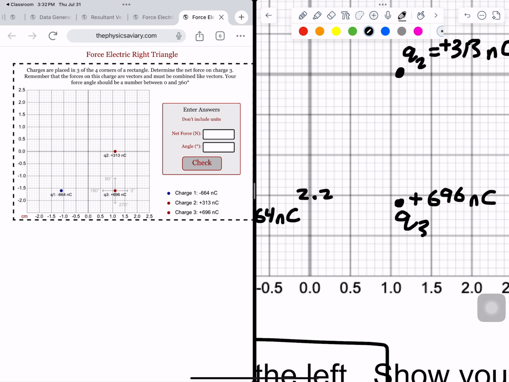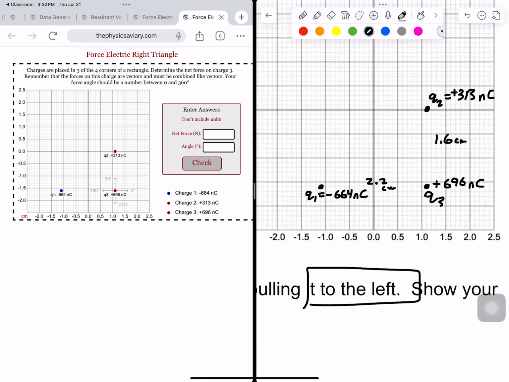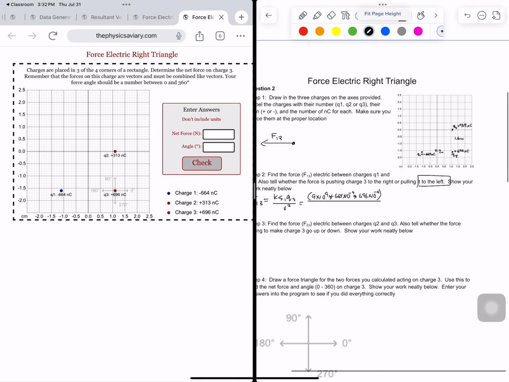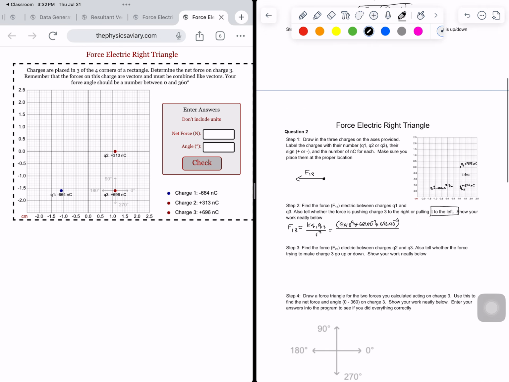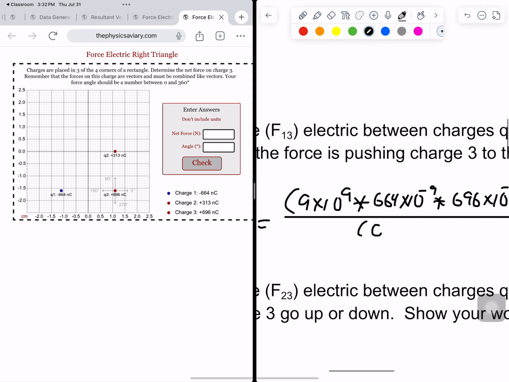All right, and then same thing here. This would be a distance of 5, 10, 15, 16 boxes. So that would be a distance of 1.6 centimeters. Yes, it is centimeters. Okay, so my distance between 1 and 3 would be 2.2 centimeters or 0.022 meters. And I got to square that. So this is F13. Let's find that.